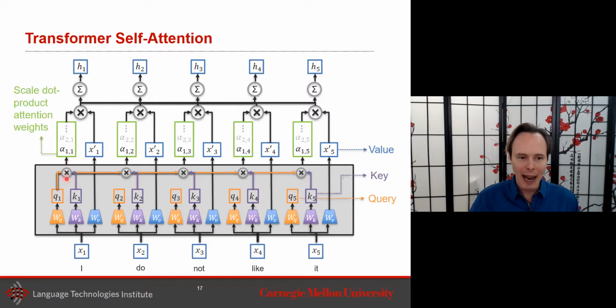As you remember, this is a vector, this is a vector, but when I do the dot product, I get a scalar value. And so I repeat this again for the word "do".